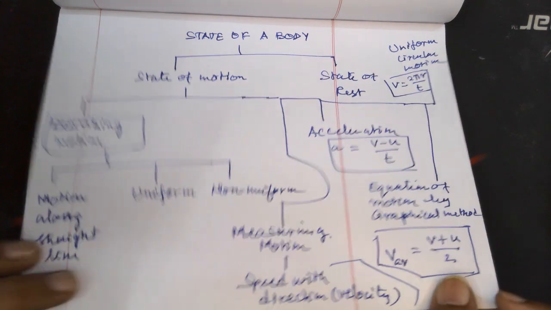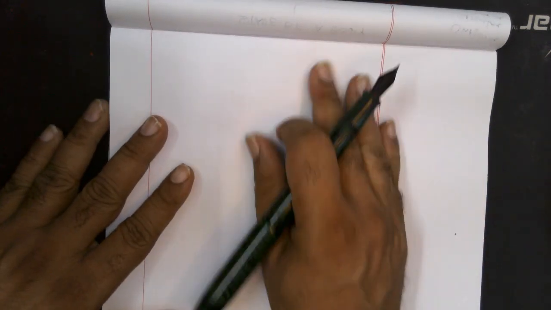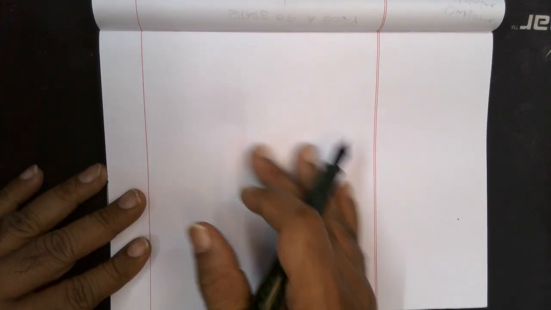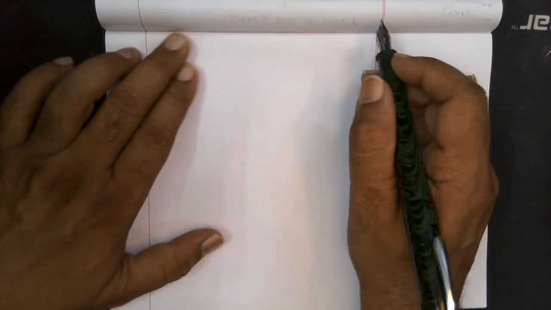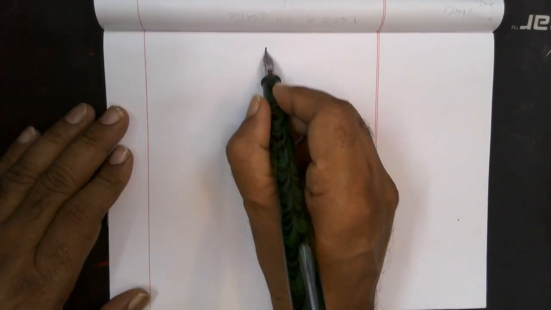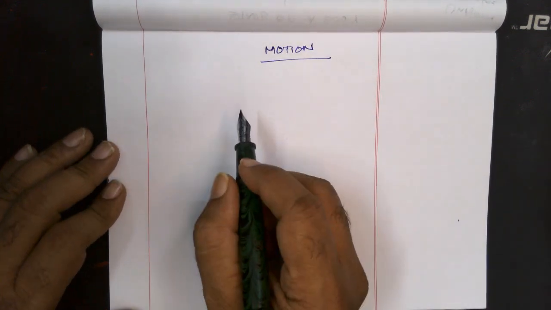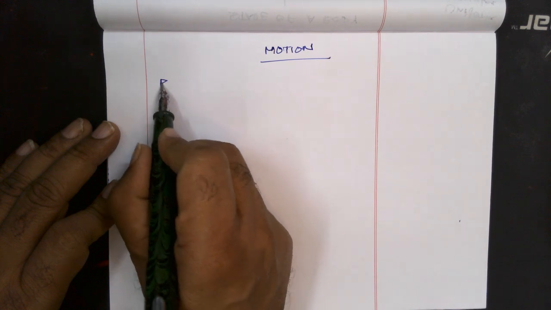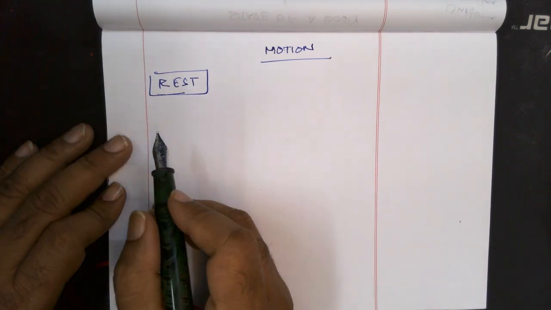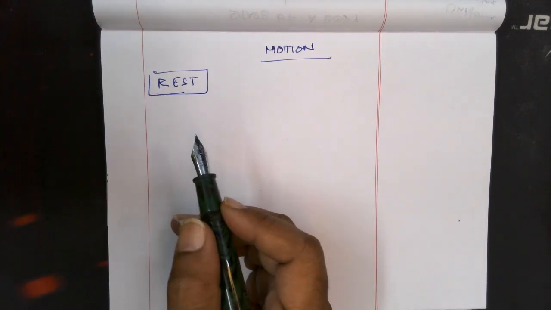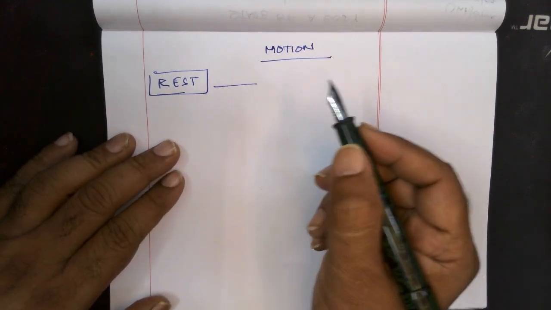Now let us discuss one by one. Let us describe motion, the first aspect. What is rest? A body is said to be at rest when its position does not undergo any change.